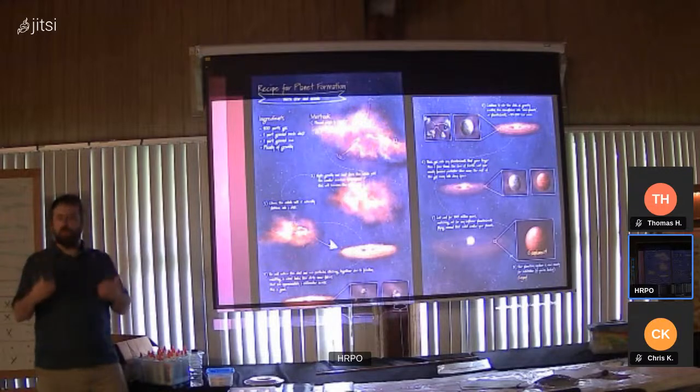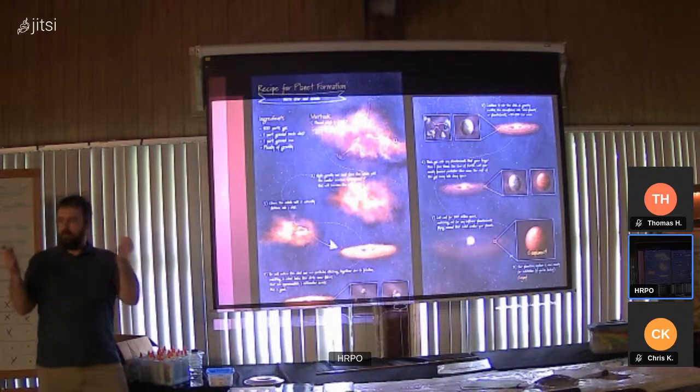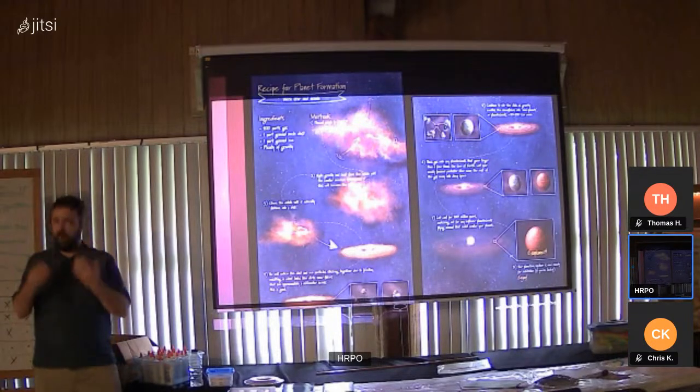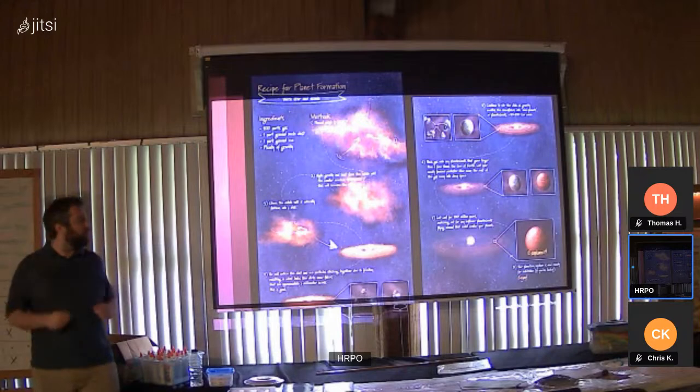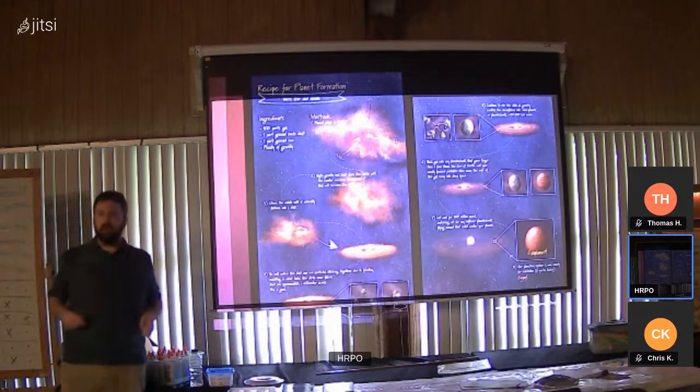And as that cloud cools, it has less random motions within it. And so the self-gravity of the cloud, the attraction of each individual particle to the other particles in the cloud, can overcome the internal motions of the gas and dust. And so the cloud will slowly come together and start to collapse.